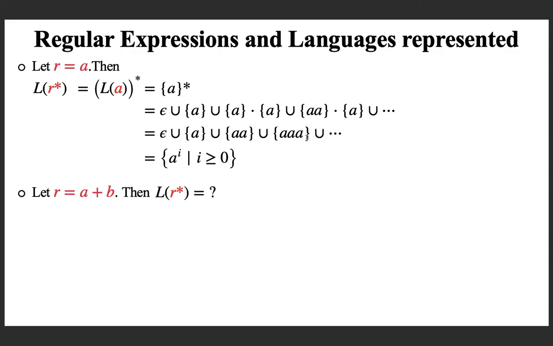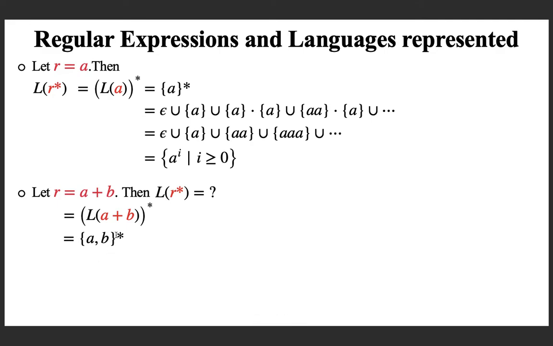Now let us see what is the language of R star when R is A plus B. So that is nothing but the language of A plus B, you take the star closure of it. Okay, what is the language of A plus B? It is set AB. So the star closure of set AB.